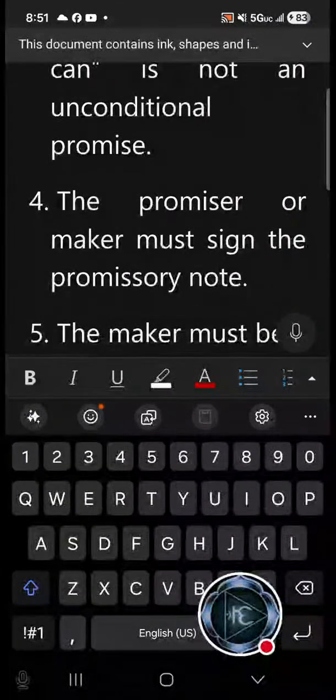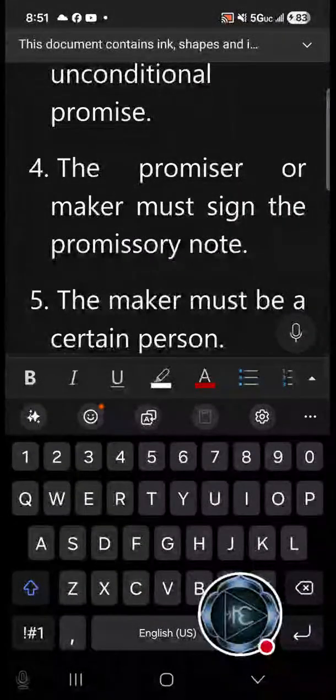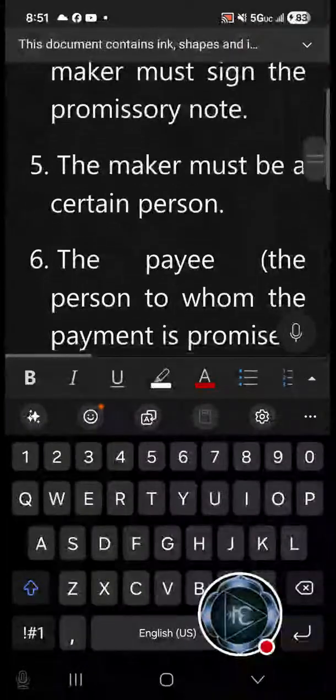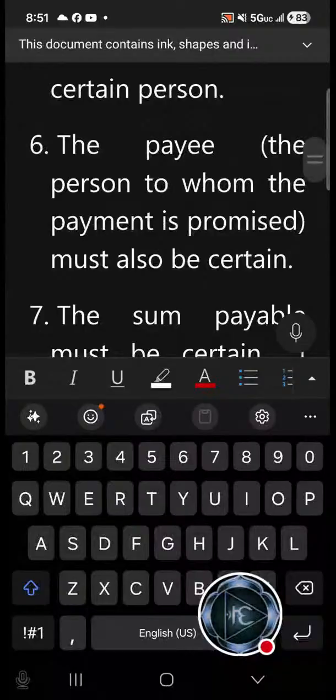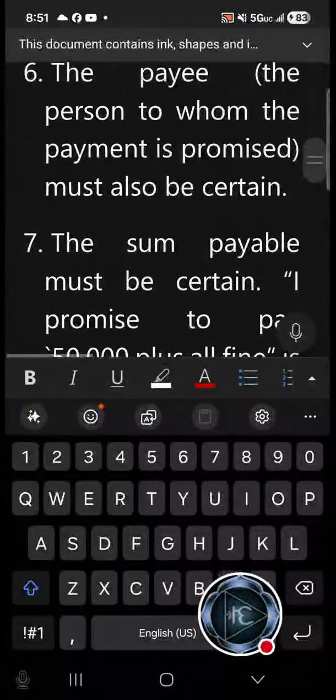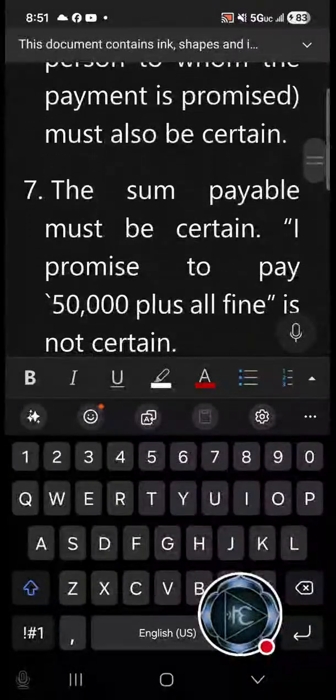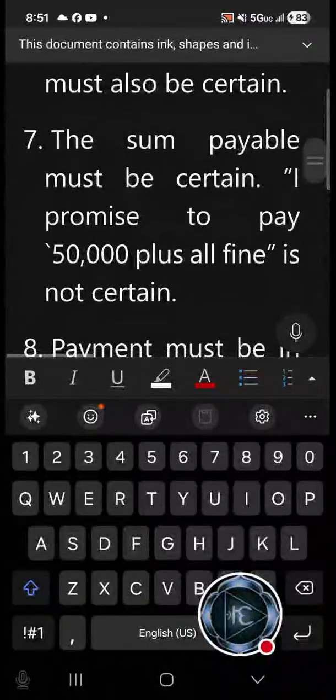The promisor or maker must sign the promissory note. The maker must be a certain person. The payee, the person to whom the payment is promised, must also be certain. The sum payable must be certain.